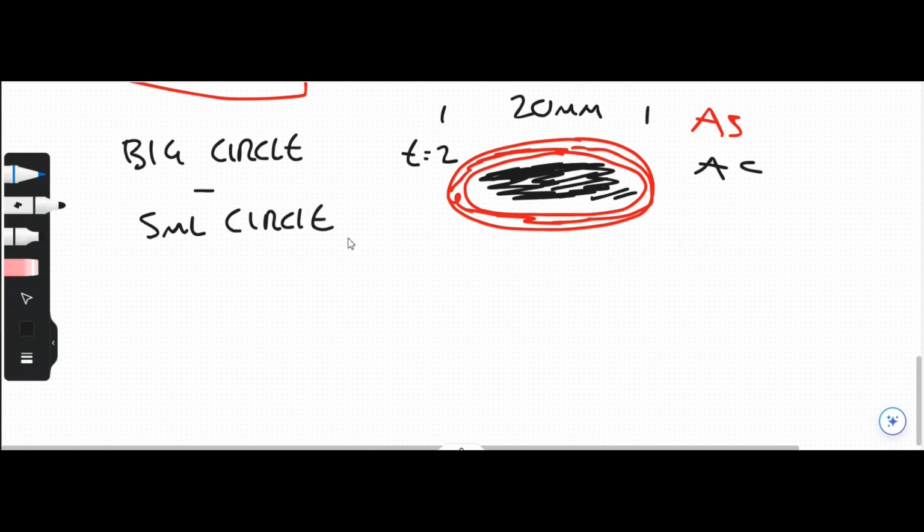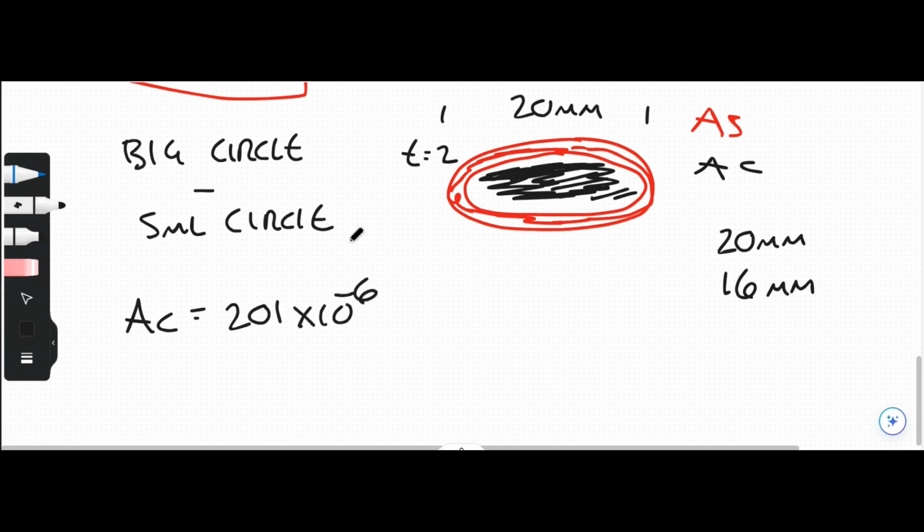Don't forget, area of a circle is pi r squared. So we've got a big diameter of 20 mil, and the small diameter is going to be, I don't know, 16, for me anyway. For me, the area of my concrete is something like 201 times 10 to the minus 6. You have to work your own out.